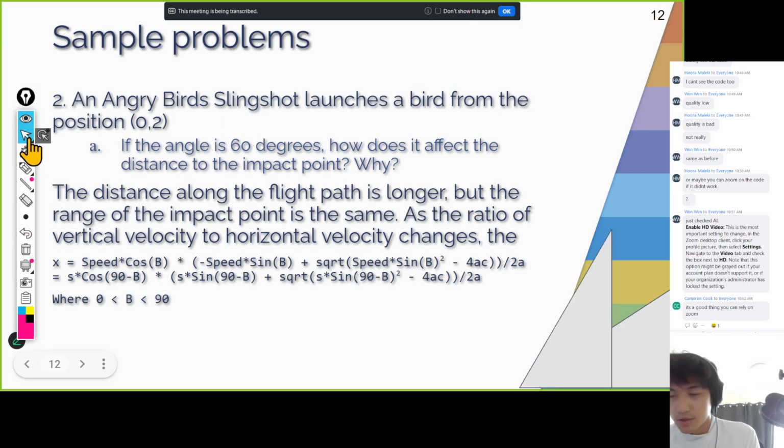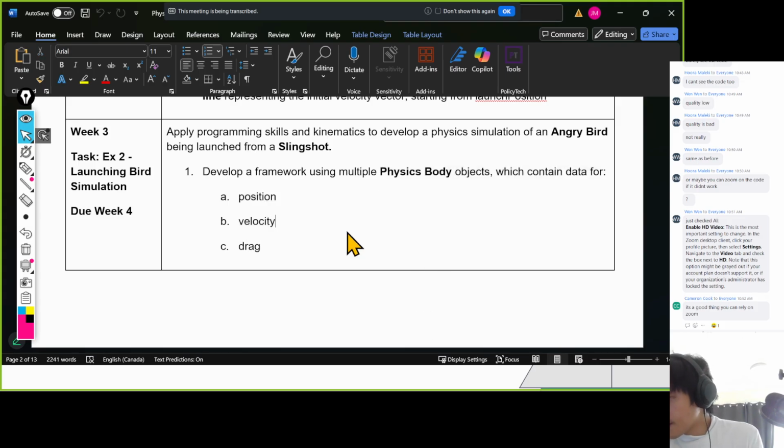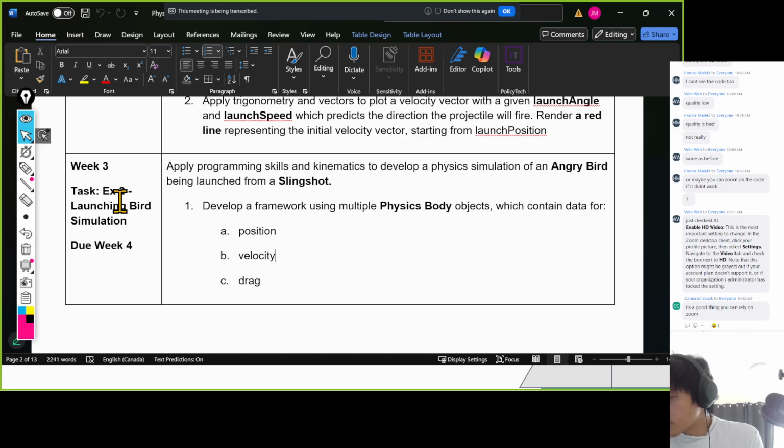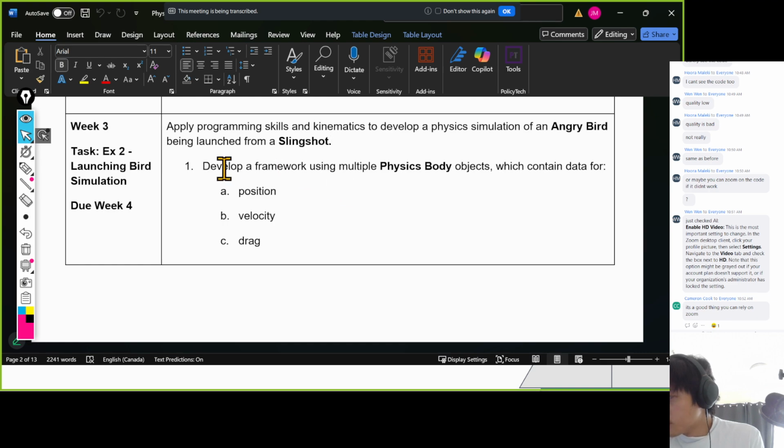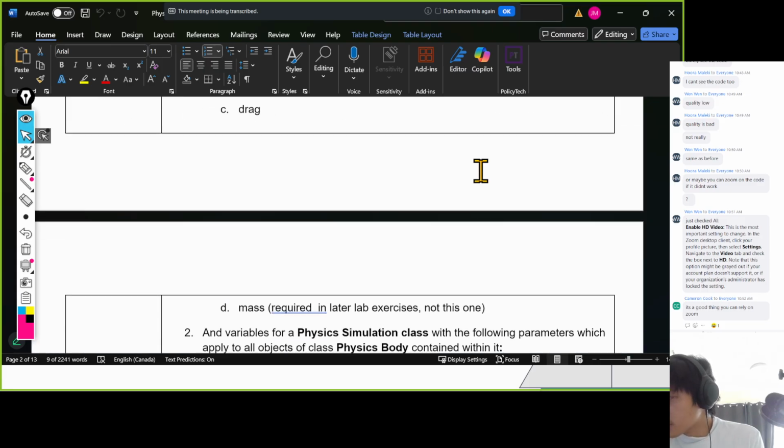Okay, cool. So this is the kind of thinking that we're going to need to solve our problems here. Let's look at our next lab exercise. That's this guy right here, launching a bird. So we will need something to describe physics body objects.